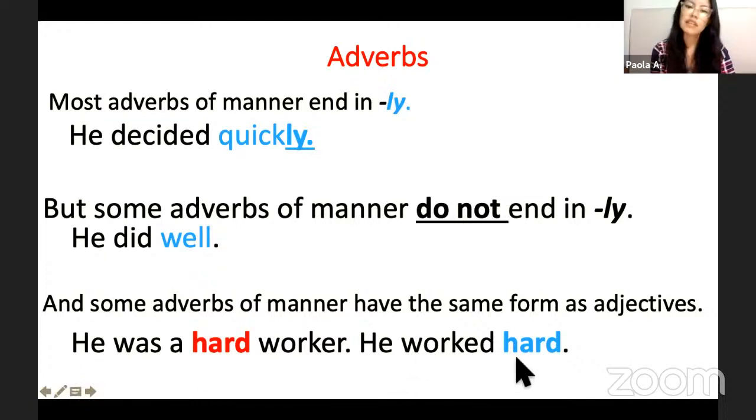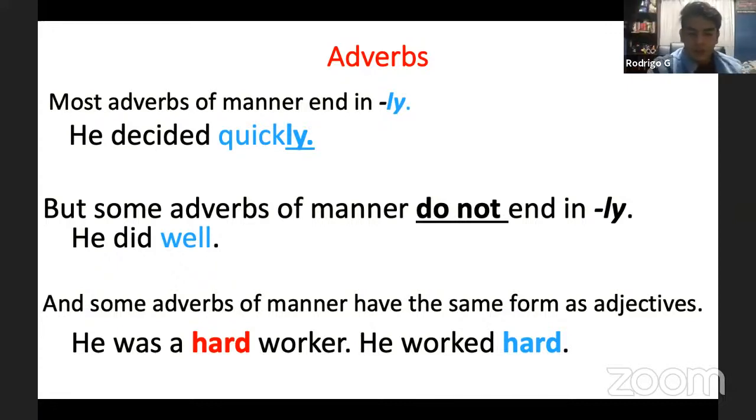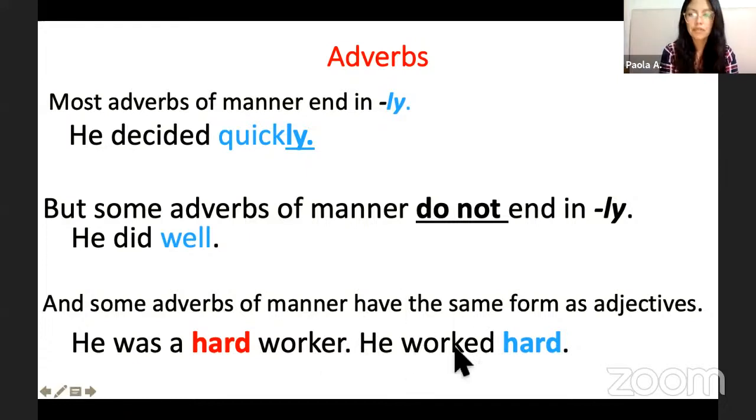What is it describing in the second sentence? He worked hard. Pay attention to it again. Read it one more time. He worked hard. Hard is not describing him. It is describing the verb worked. Exactly. It's describing the action, no?